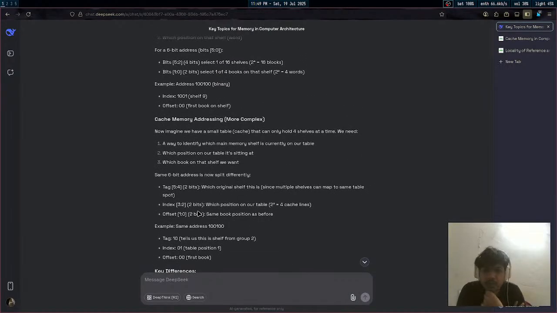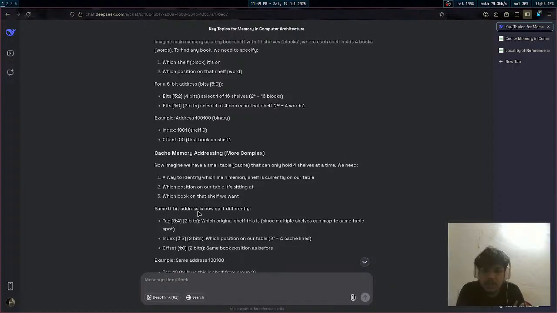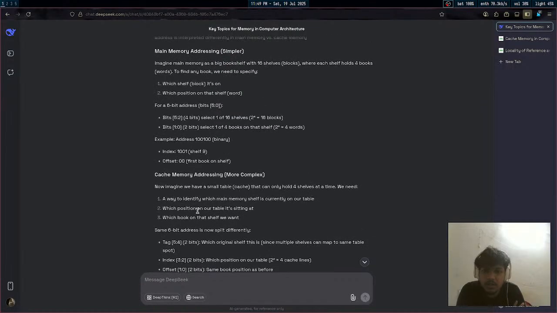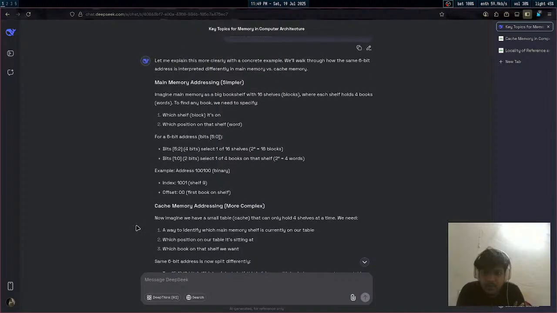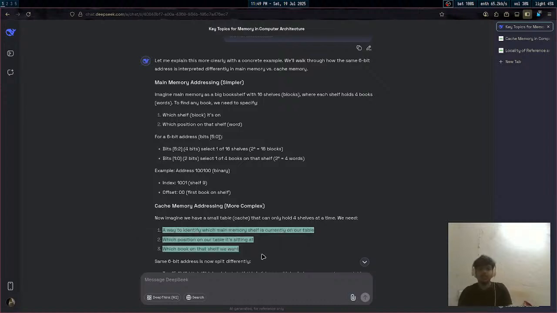Now that we have a small table which can only hold 4 shelves at a time, we will need a way to specify which main memory shelf is currently on our table, and which position our table is sitting at. Again, I did not read this right, that's why it caused me confusion.